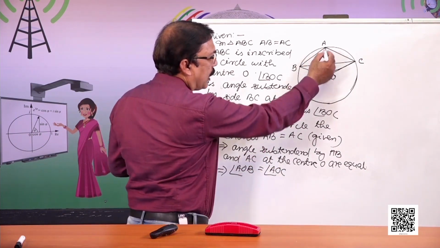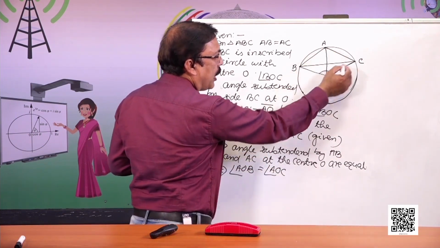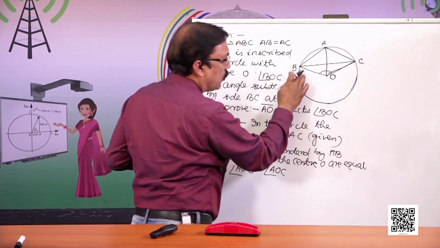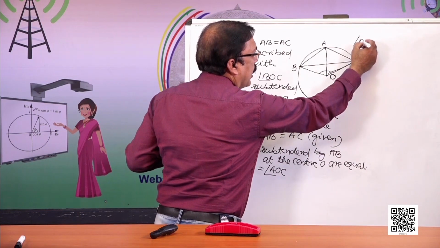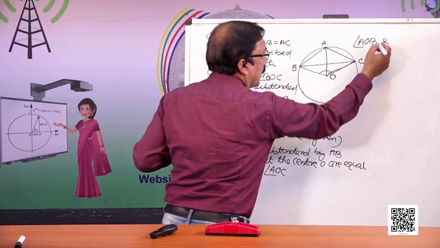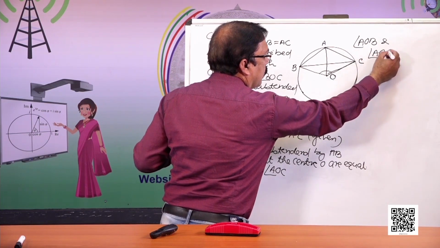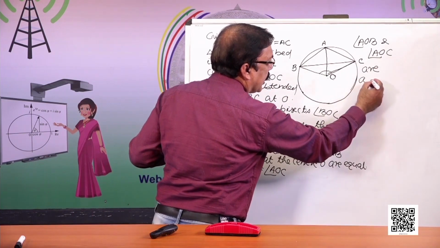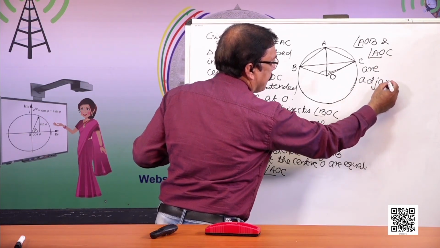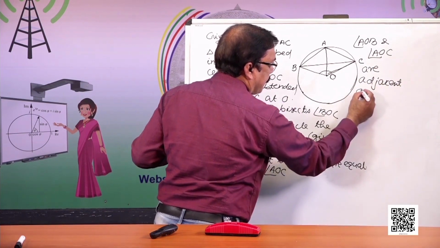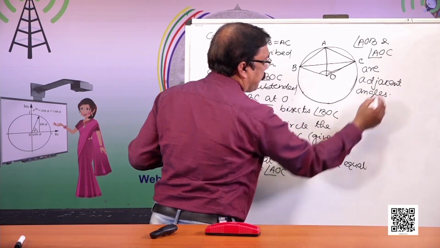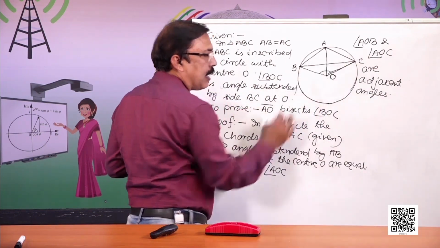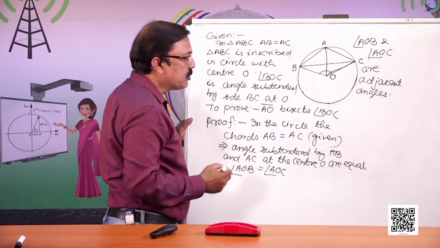Now see, angle AOB is equal to angle AOC. But these two, angle AOB and angle AOC, are adjacent angles. That means these two constitute another angle, that is BOC.